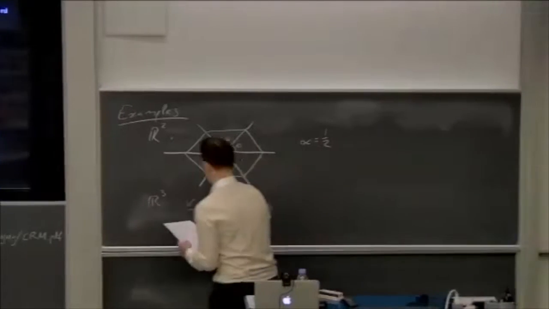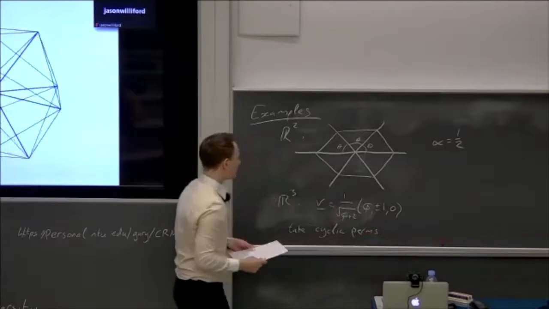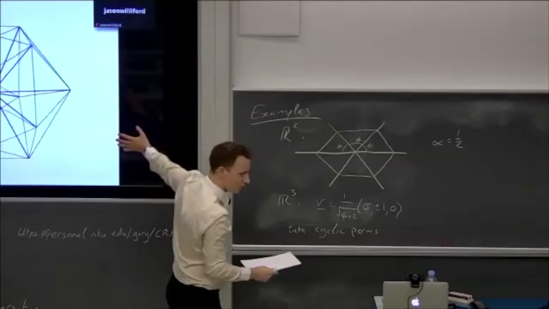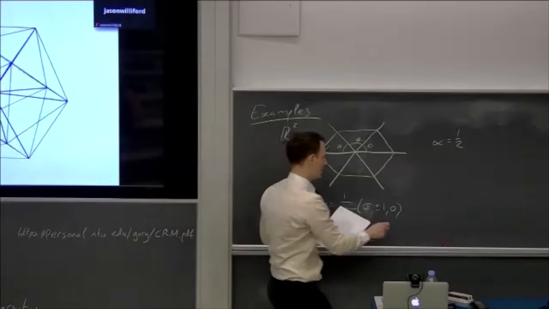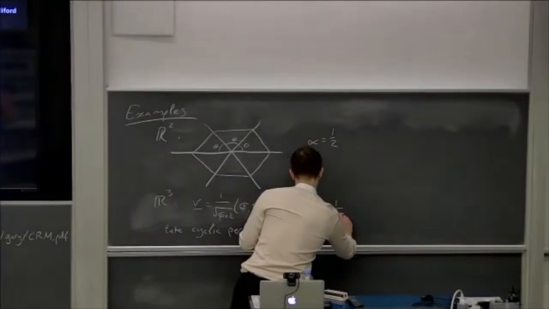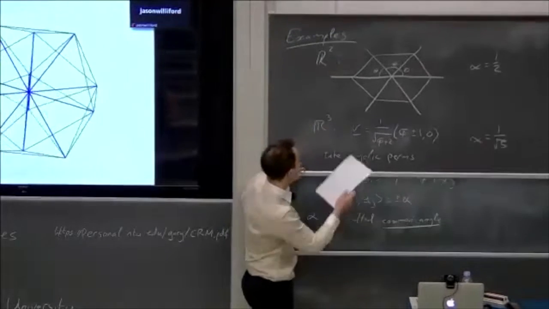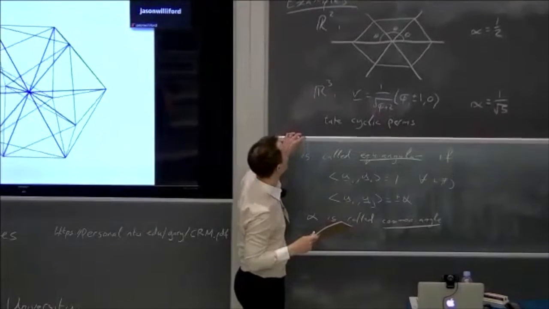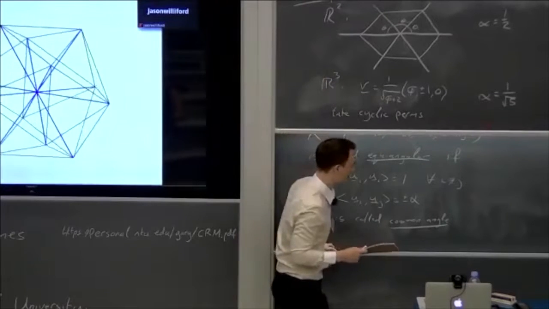So you just take all the cyclic permutations of this, and that will give you 6 equiangular lines in 3 dimensions. And here, the common angle is just 1 over square root 5.